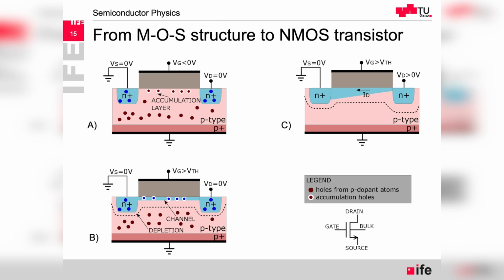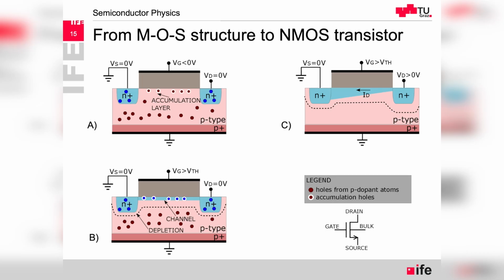In figure B, we increase the gate voltage to something above threshold voltage, so we can comfortably speak about the channel that has formed. So we have the inversion of the substrate material under the gate. Rather than p-type, it becomes n-type, and we have the channel. And then if there is 0 voltage between source and drain, naturally there will be no current flow.